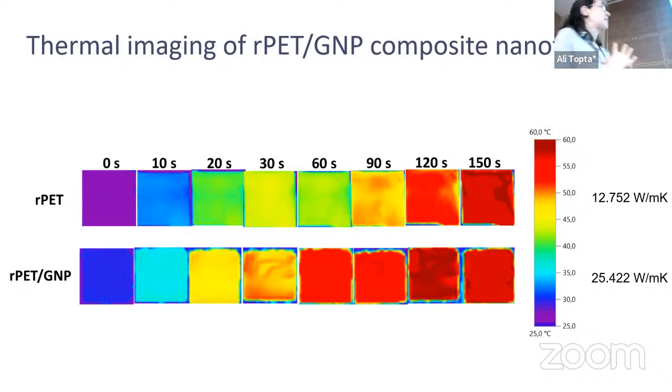And we had a thermal conductivity test on these fibers using the laser flash method, which measures the in-plane thermal conductivity of the materials. It was around 12 watts per meter Kelvin for the PET nanofibers, while it increased to 25 watts per meter Kelvin for composite nanofibers.